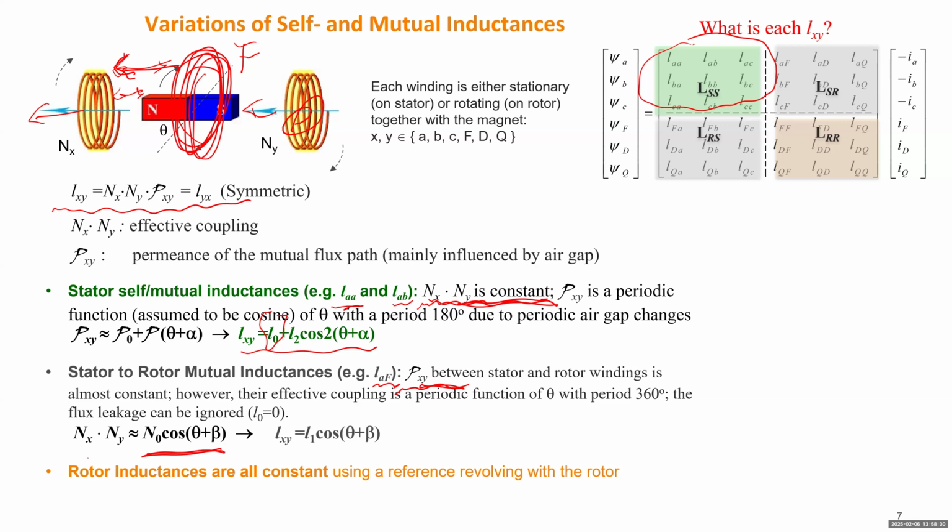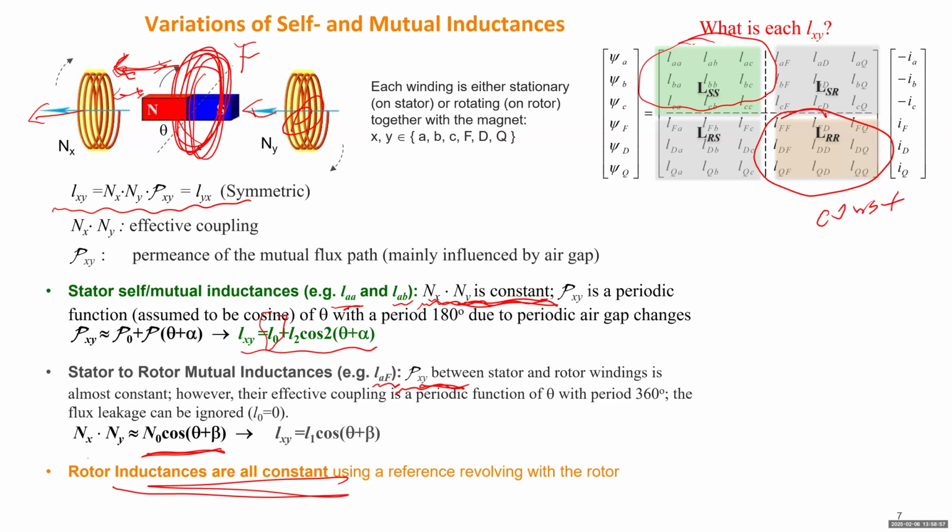Also, the air gap seen from the rotor will be the same, no matter how the rotor revolves inside of the stator. So they are all constant. So this is just a quick analysis of how those L can change with theta. So the conclusion is everything here, they are all constant, okay?